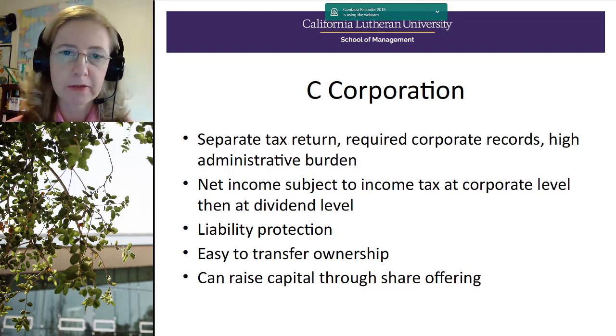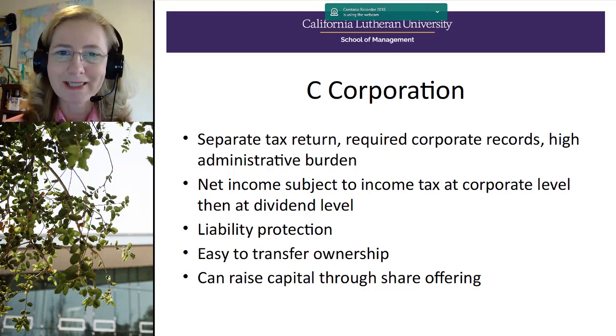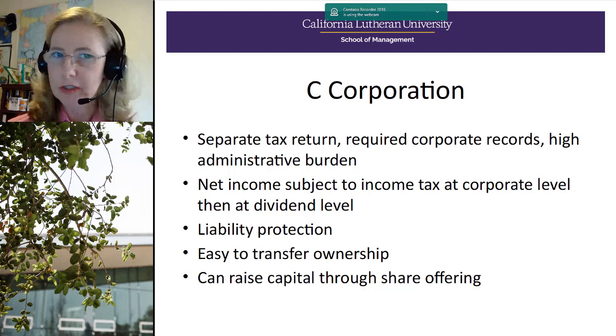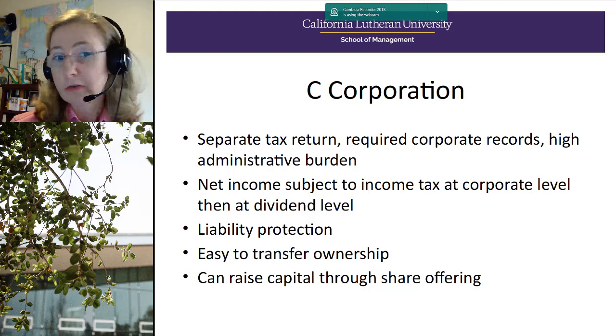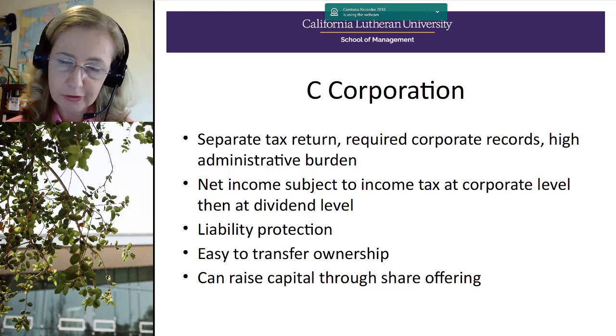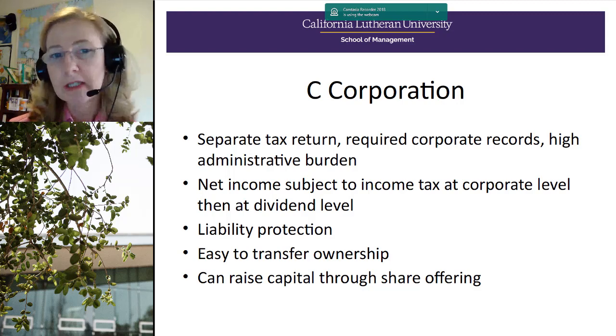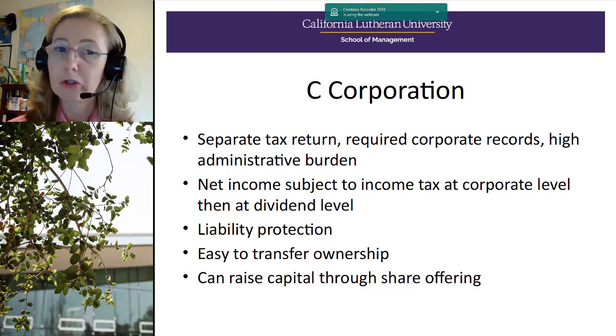So that means an entity runs a business, there's a net profit of $100,000 at the end of the year. The C corporation pays taxes on the $100,000, not the owners. Then whatever profit is left over is available to pay to owners. And if that money is paid out, and only when it is paid out, it's considered a dividend and it's taxed to the owners.